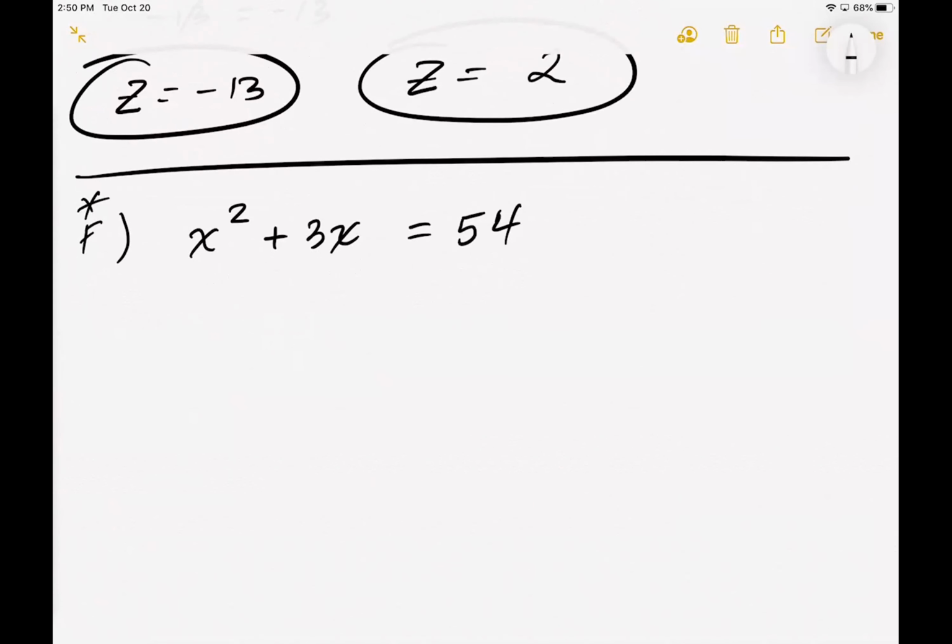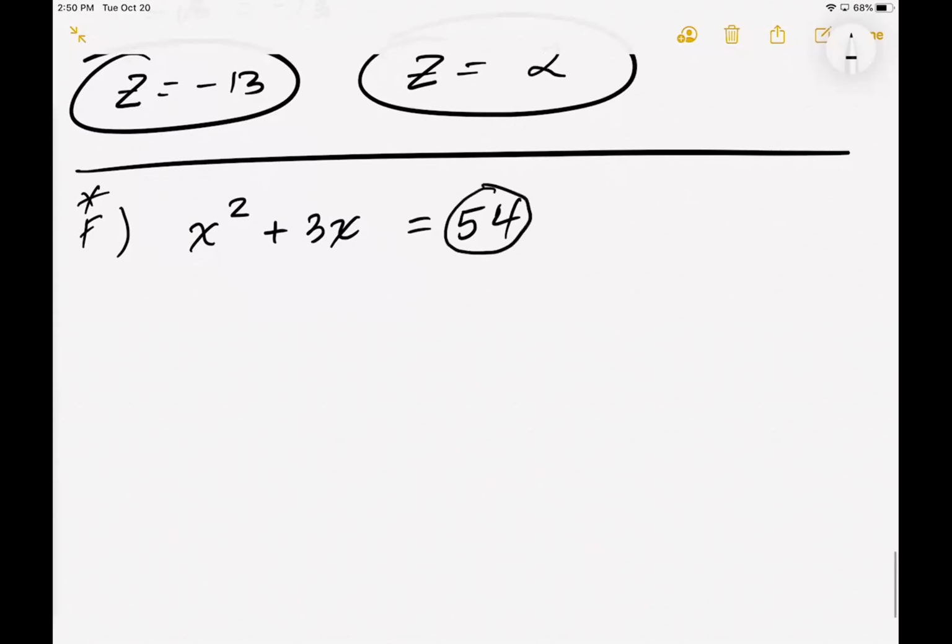Is this problem equal to 0? Like I mentioned earlier, when it's equal to 0, life is good. When it's not equal to 0, it's not bad, you just have to make it good. How can we do that? Well, the first thing you need to do is move the 54 to the other side. How do you move the 54 to the other side? Well, we need to subtract 54.